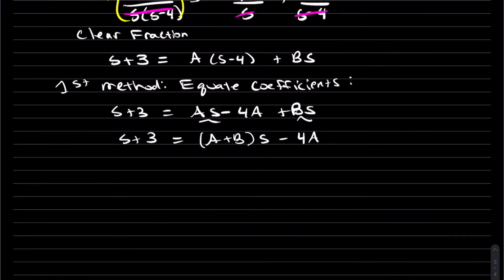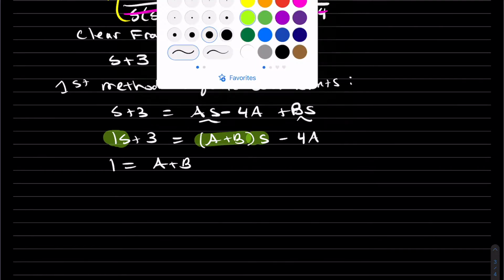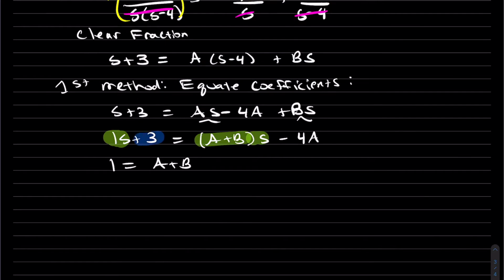Basically, whatever's in front of the s, so 1 is in front of the s, 1 is equal to a plus b. And then my constant has to equal my constant.